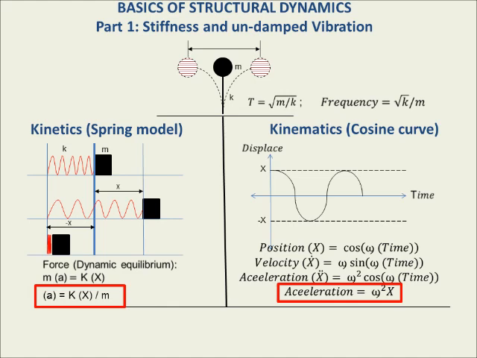So where x is the position and omega is the frequency in terms of radians per second, frequency defined in terms of circular motion. Now, what we need to do is bring these two together because they both represent the same thing. They're both equal to each other.